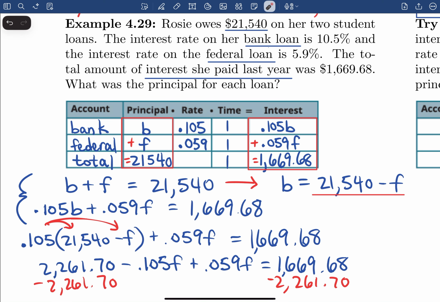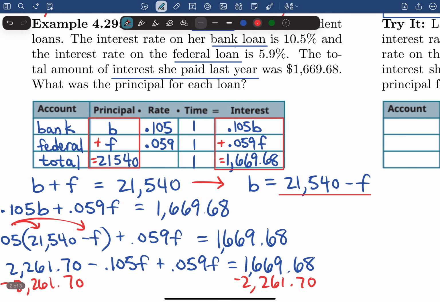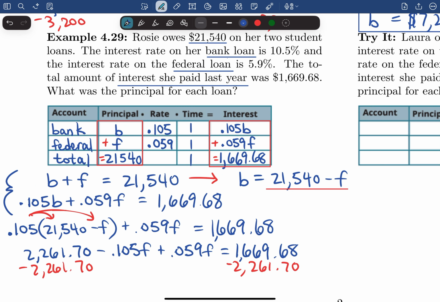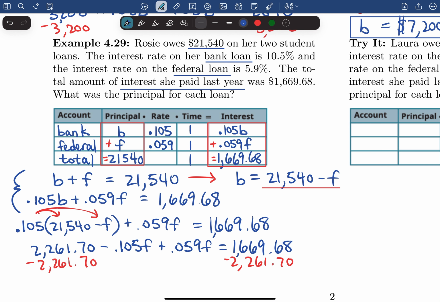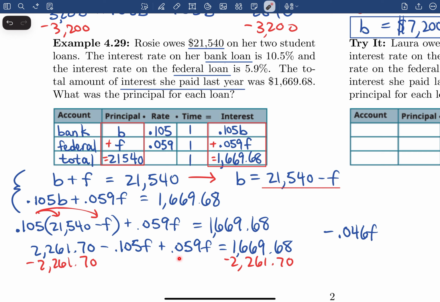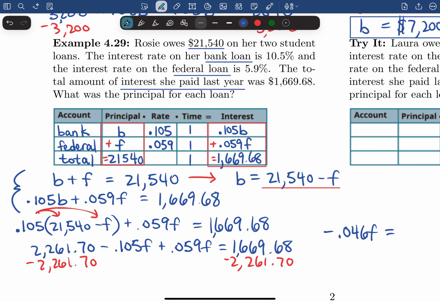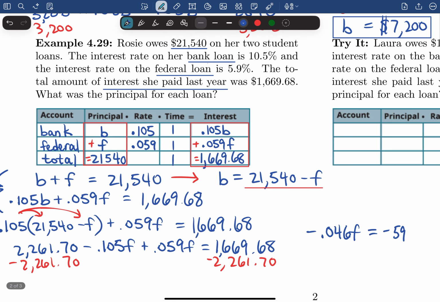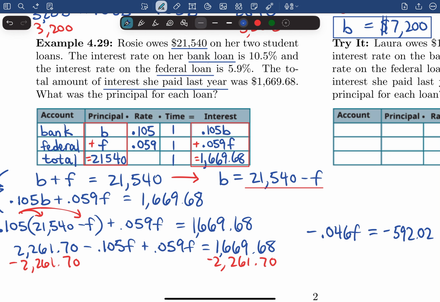And I combine like terms, like this term and this term. And I'll write the simplified equation on the right-hand side here. I get negative 0.046 times F. That's when I add this and this together. I get negative 0.046 F, and that equals negative $592.02.